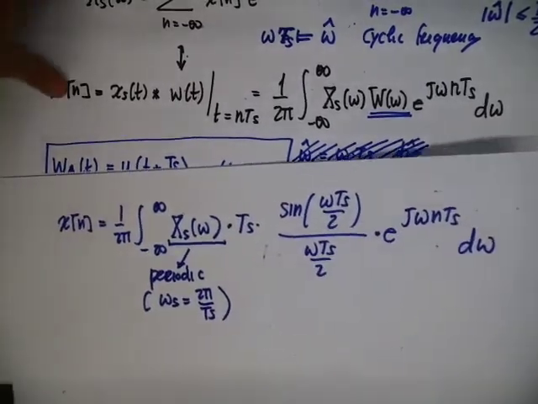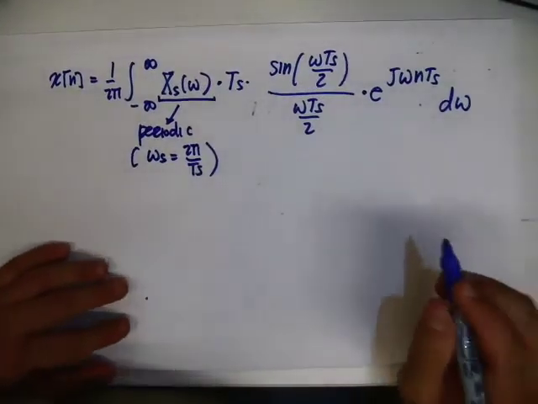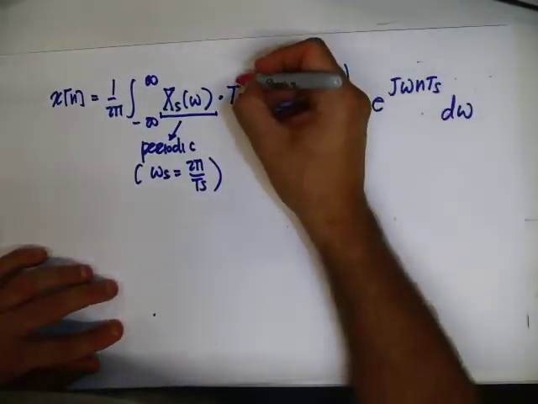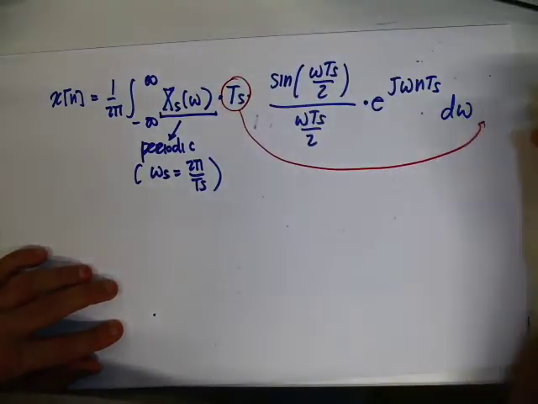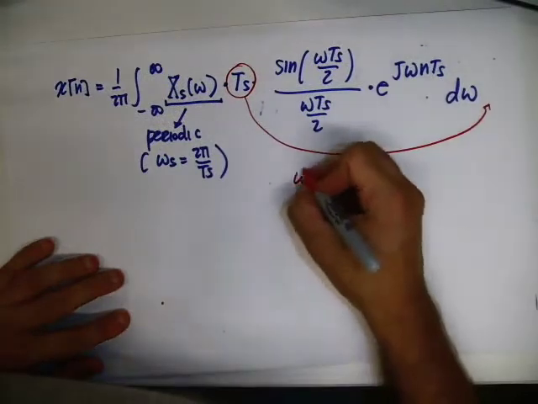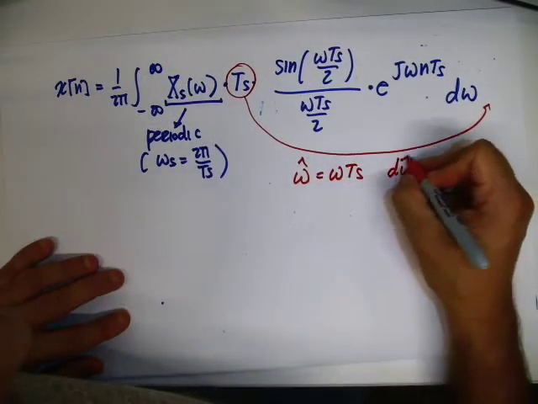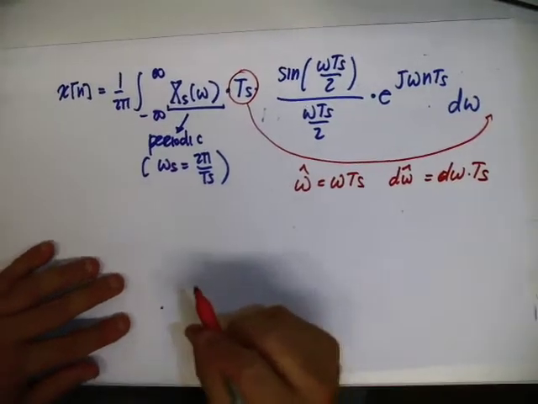Okay? And once we do that, I can bring this ts here. And so define omega hat equal omega ts, and so d omega hat is d omega times ts.